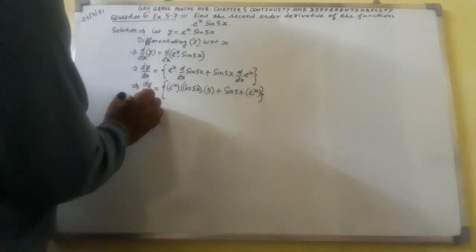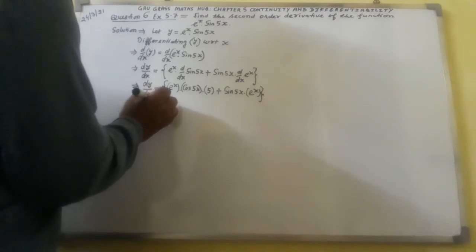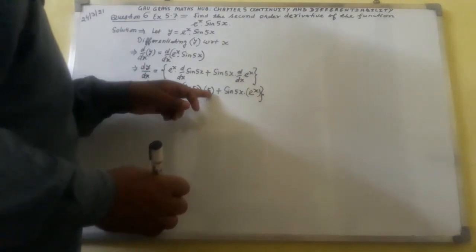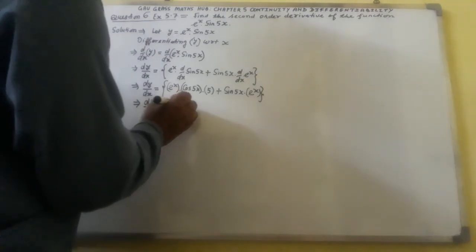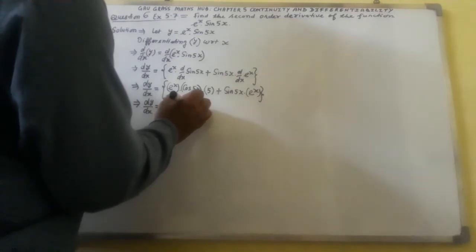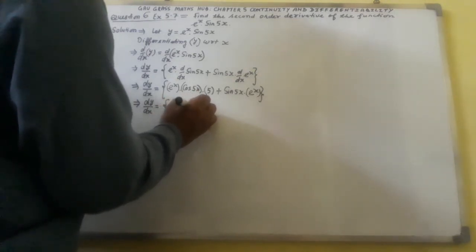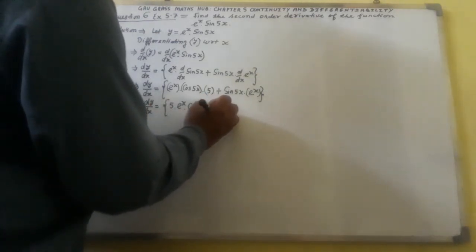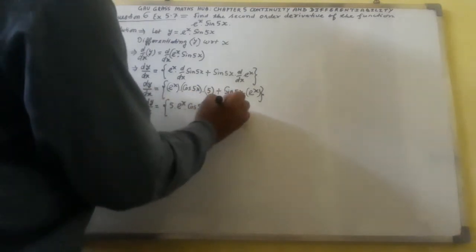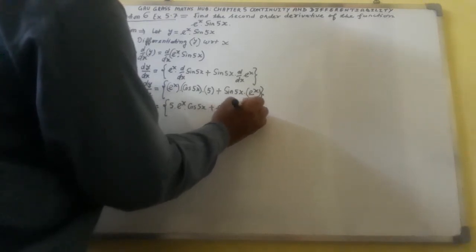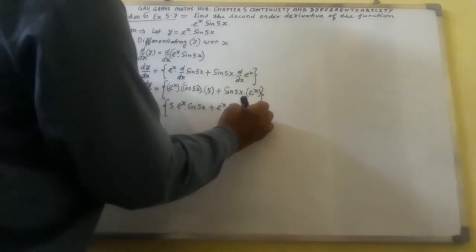Again I shall write, implied that dy over dx is equal to, here 5, this 5 will be put here, dot e raised to the power x dot cos 5x plus e raised to the power x dot sin 5x, curly bracket close.